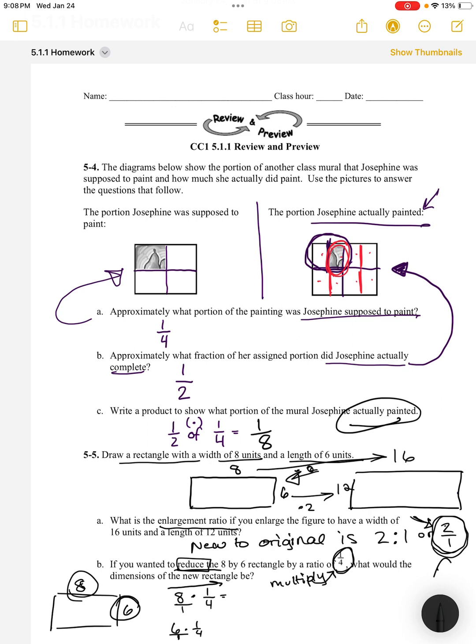We multiply straight across. 8 times 1 is 8. 4 times 1 is 4. This is the same thing as saying 8 divided by 4, which is 2.